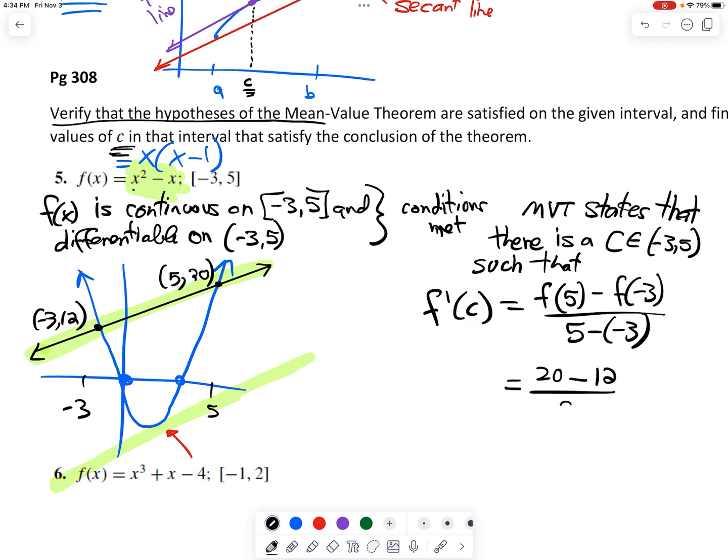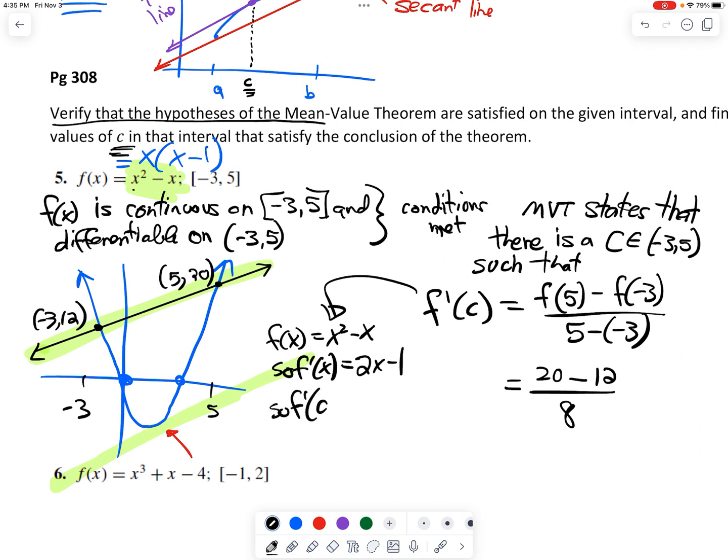And 5 minus negative 3 is 8. Now f prime of c, let's do a little side work here. f of x is x squared minus x. So f prime of x is just the first derivative, 2x minus 1. So f prime of c is just putting a c in for x, 2c minus 1.